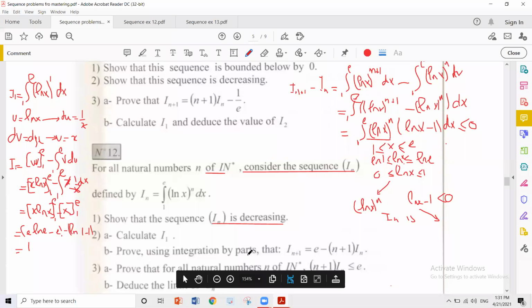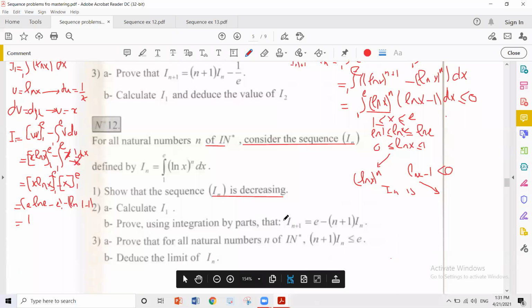Now prove by using integration by parts that I_(n+1) equals this one.